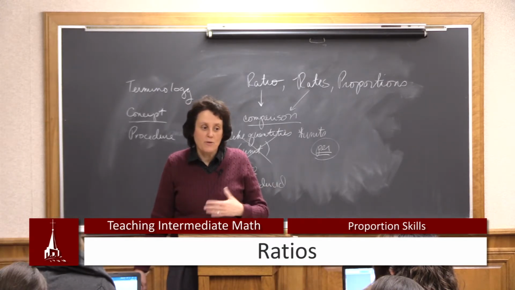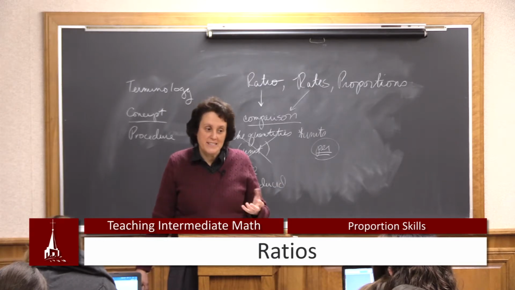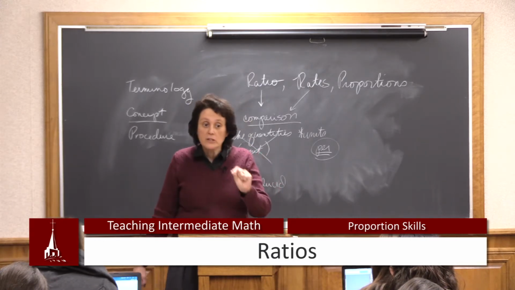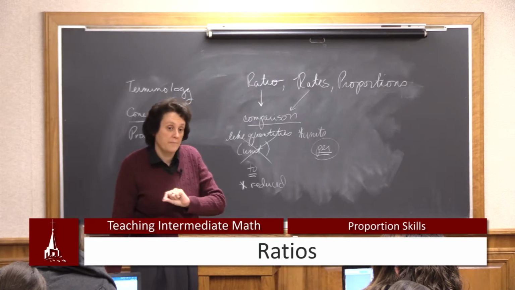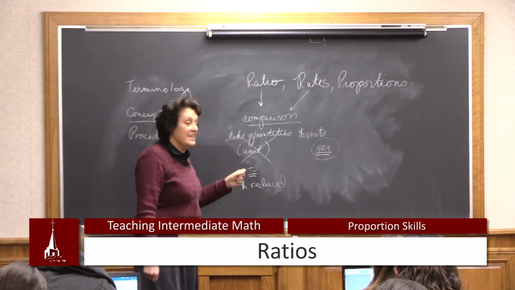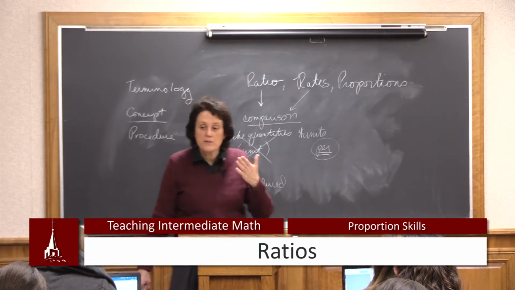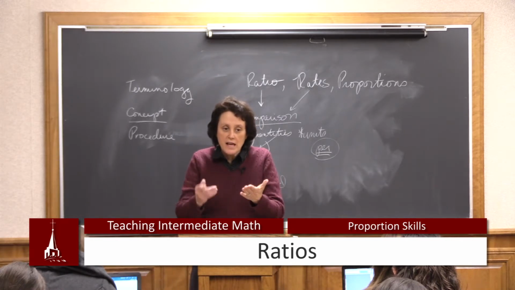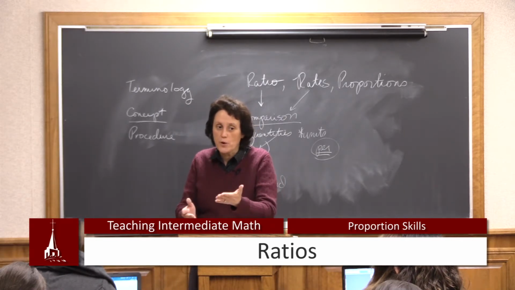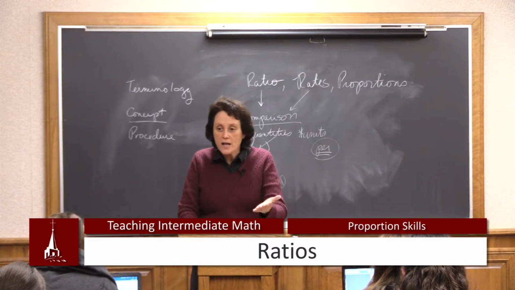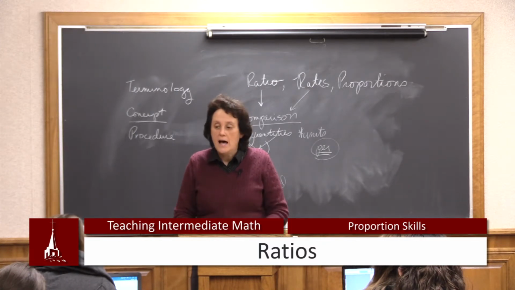There is no unit, or the unit cancels out, the unit is not considered. It is a numerical comparison only. A rate then is entirely different. This is a comparison between two unlike units, and so we think of it as per. How much does it cost per ounce?